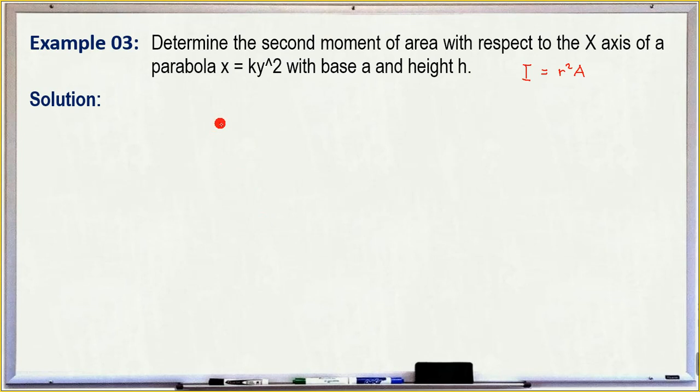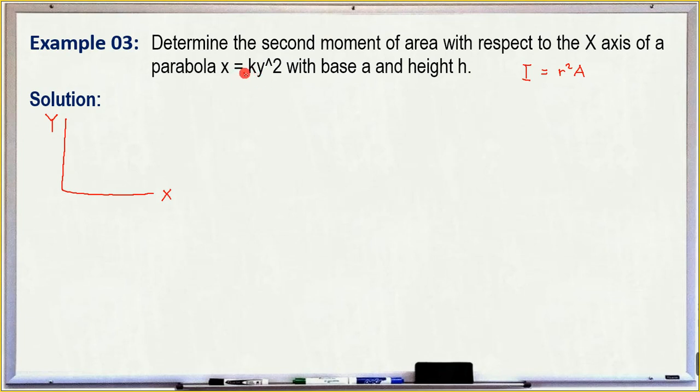So here we are given a parabola with the equation x equals ky squared, and we're going to plot this on a Cartesian coordinate plane in order to visualize its form. We already discussed how to draw this parabola by just looking at the term that contains the exponent square.